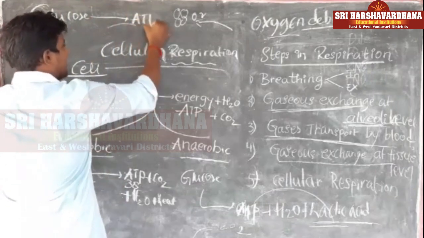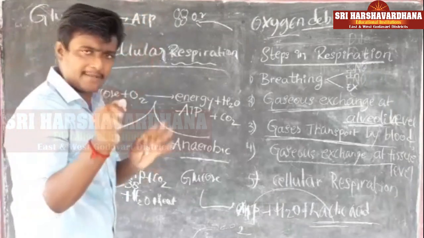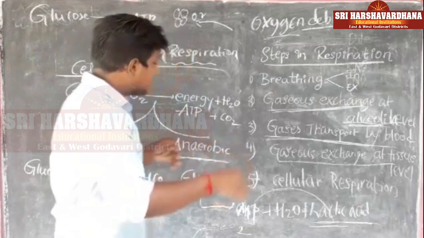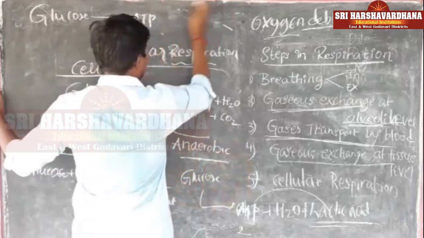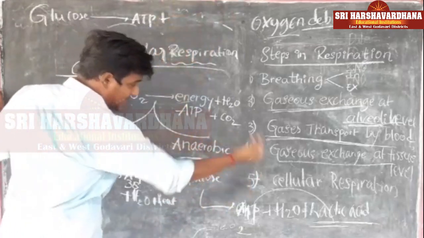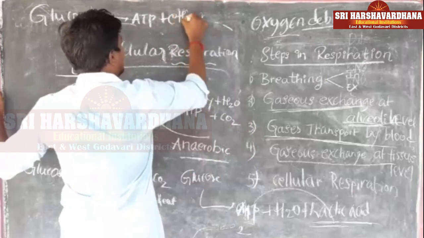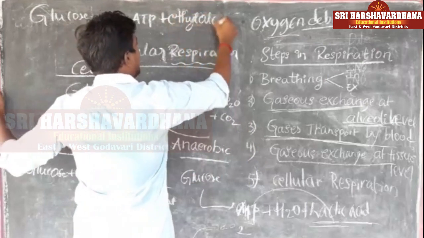The energy liberated is the same, 2 ATPs only. The difference is that in place of lactic acid, they release ethyl alcohol.